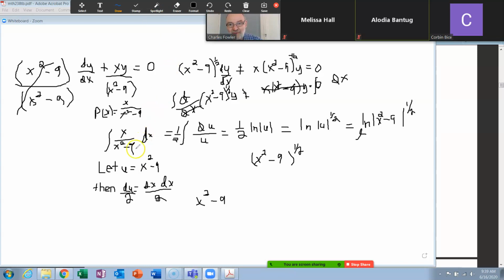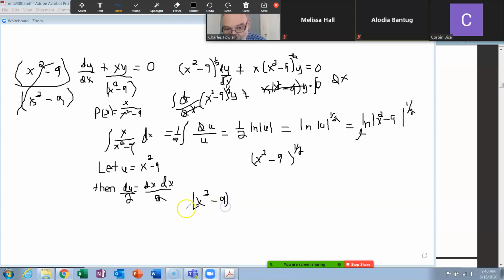What we have here, we're doing example 4 on page 58, chapter 2, first order differential equations, section 2.3, linear equations, and example 4 on the bottom half of 58. It carries over to the top of 59, but we're still here. Okay, we're integrating a perfect derivative, so that's just x squared minus 9.